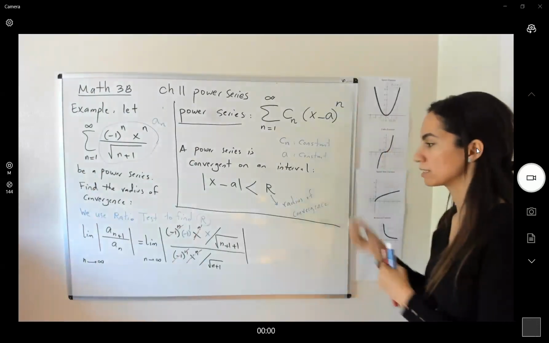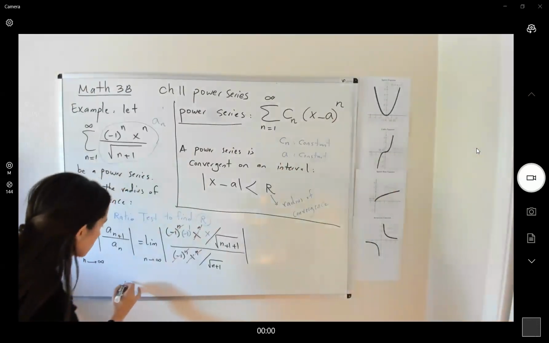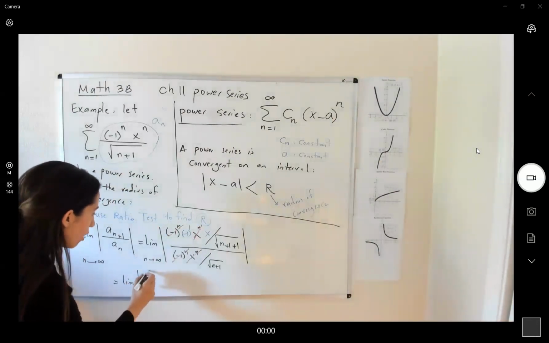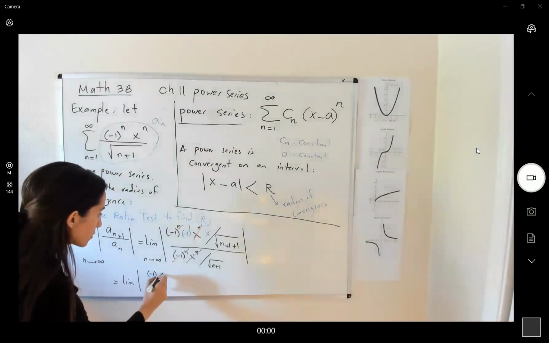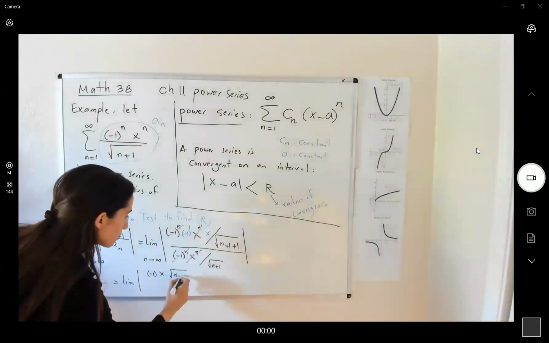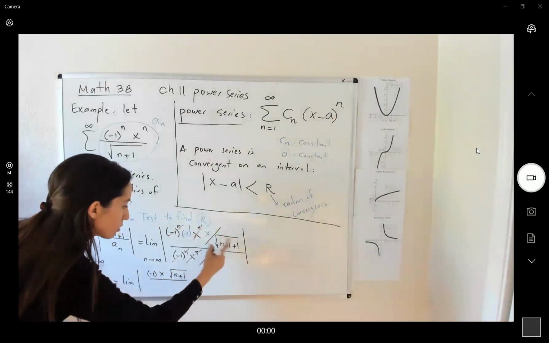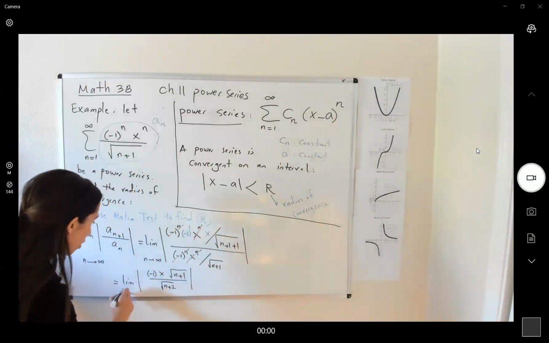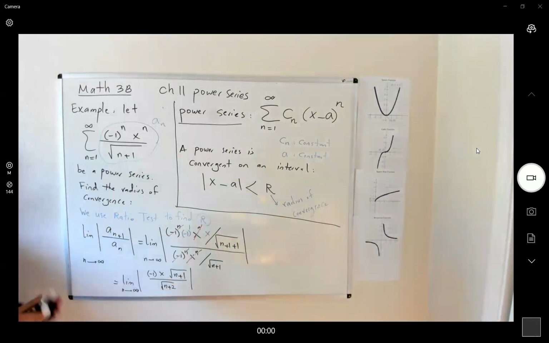So this limit is now equal to the limit of the absolute value of -1 times x. If you flip your denominator, you get square root of n plus 1 divided by square root of n plus 2, while n goes to infinity.